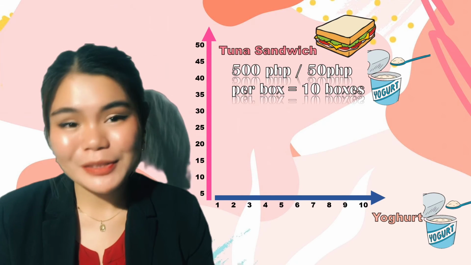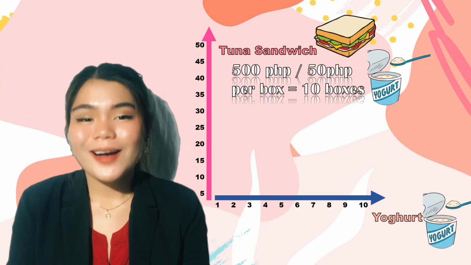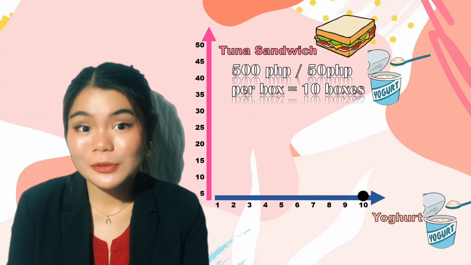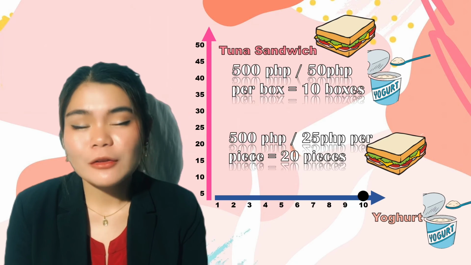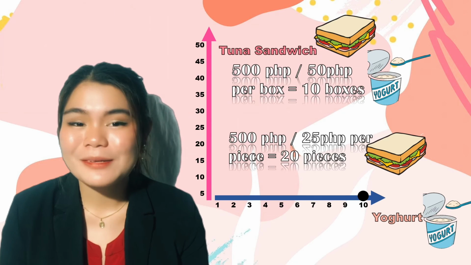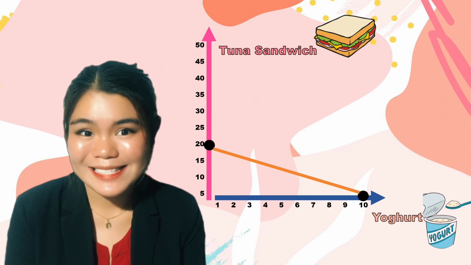So that is 500 pesos divided by 50 pesos. We have 10 boxes. On the other hand, if we assume that the income is fully consumed to buy a tuna sandwich, we have to divide the income 500 pesos to the price of tuna sandwich, which is 25 pesos per piece. So therefore, 500 divided by 25 is equal to 20 pieces.